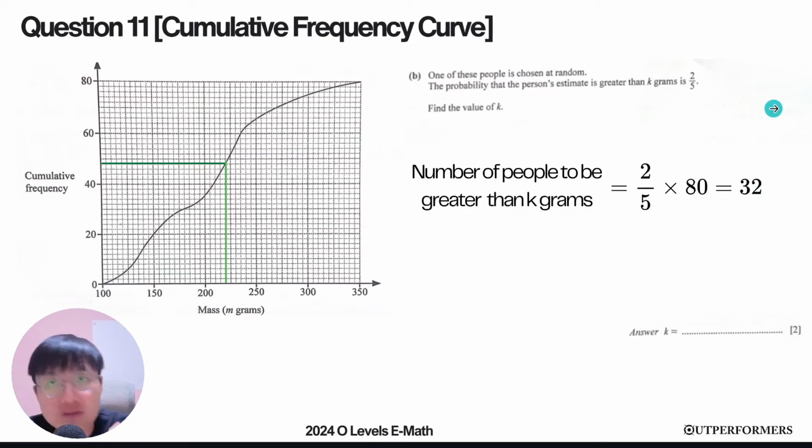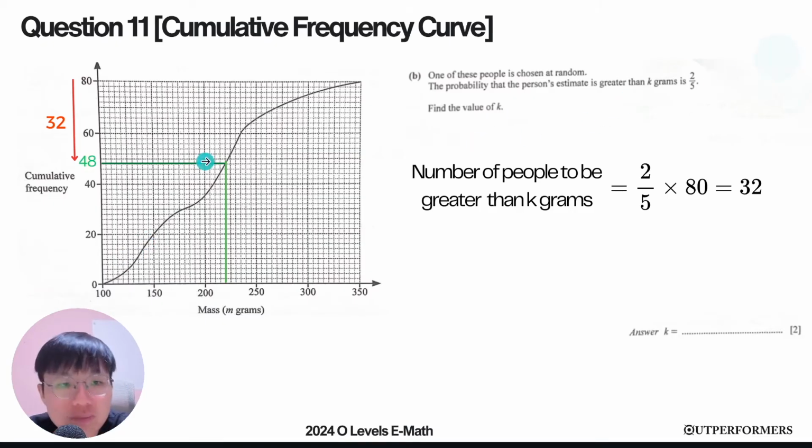But here's a very important thing when it comes to cumulative frequency curves. When we read questions like this, if it's on top of the curve, we can't just go and find the value 32. We want to count backwards from 80, because we need this portion more than the weight, right? We need the 32 people here. We don't want the 32 people at this range.